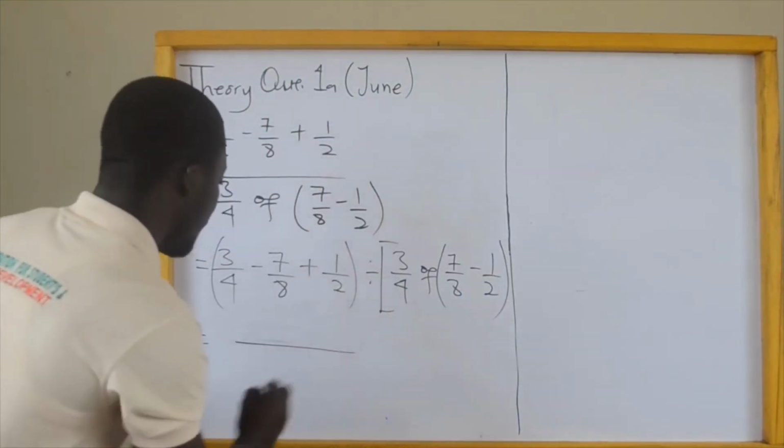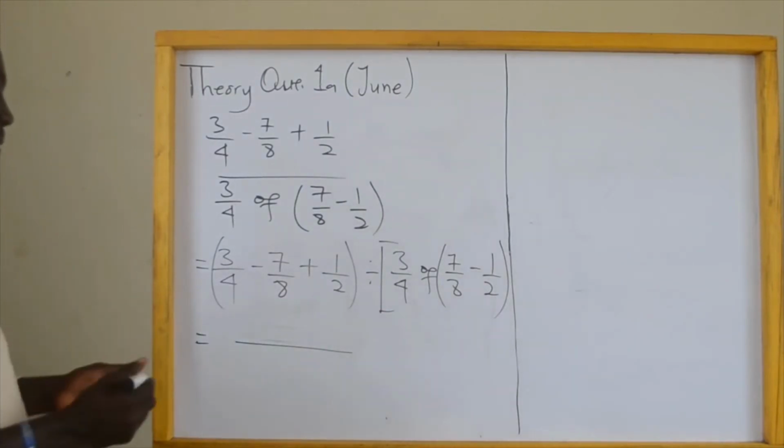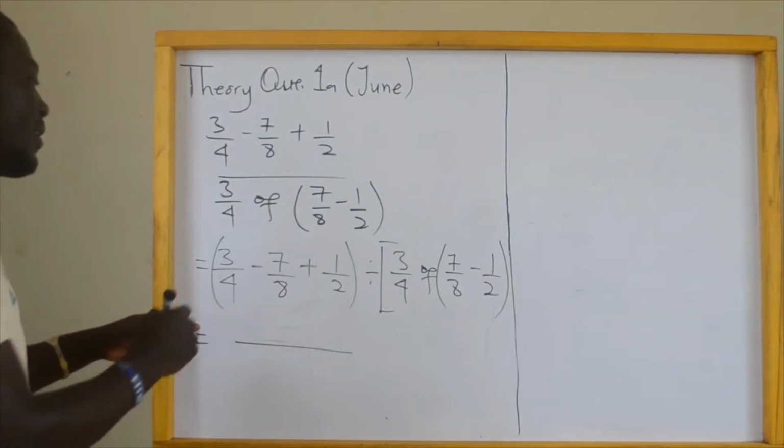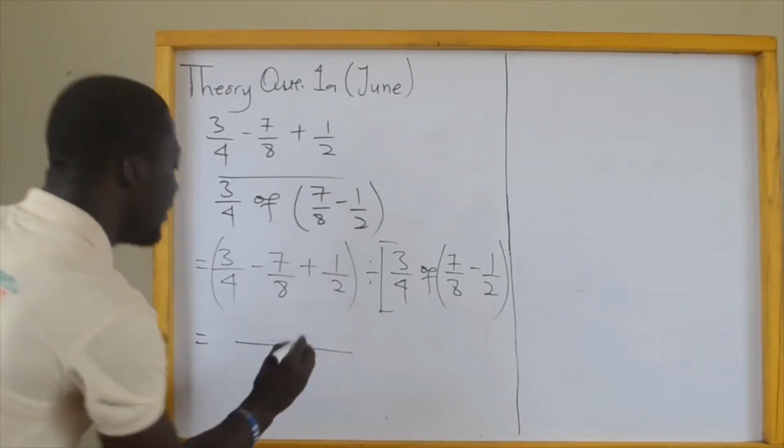Our next steps, we find the least common denominator between these three terms, and it's 8.